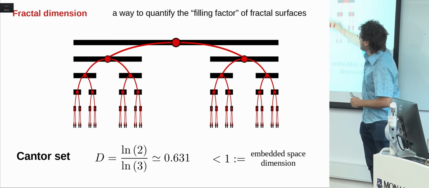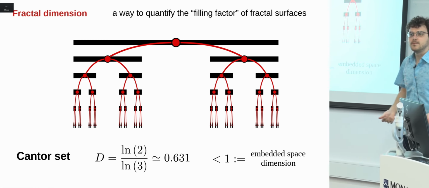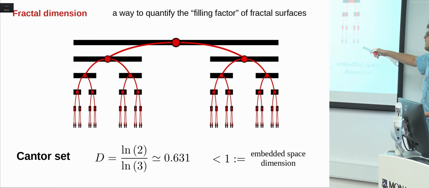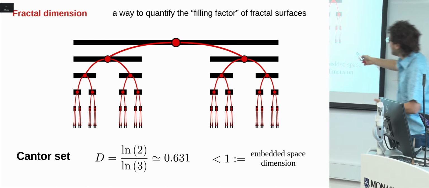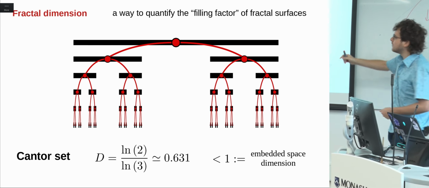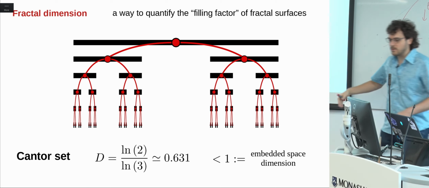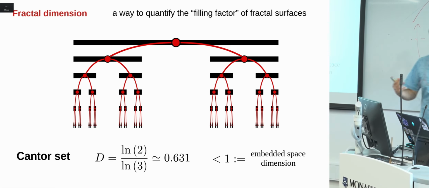Eventually, the Cantor set is the set of all the points we haven't removed. It is actually uncountable, but it has a dimension which is less than 1. The embedded space, of course, is one-dimensional, but what we call the Hausdorff dimension is less than 1. So it's a non-integer number, which is an indication of chaos, of fractal nature.